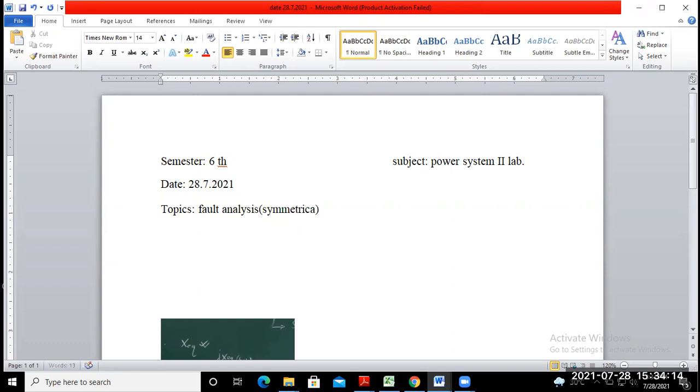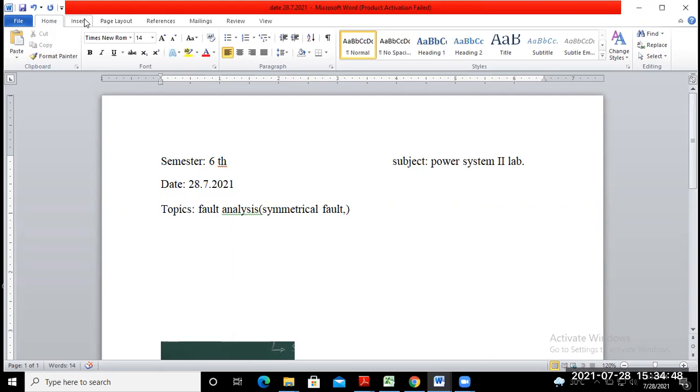Symmetrical fault. So let's try to see what are the various types of faults that take place in the power system. Maybe we classify this one as a switch fault.